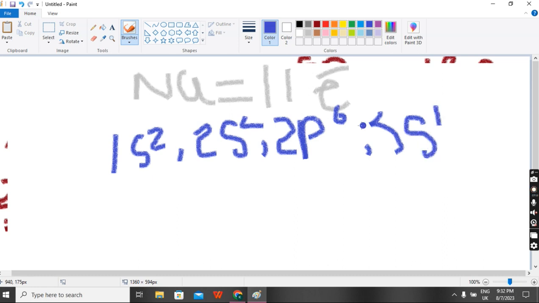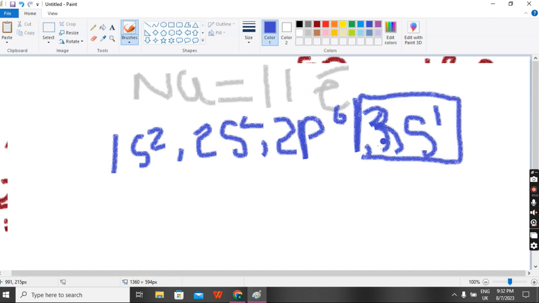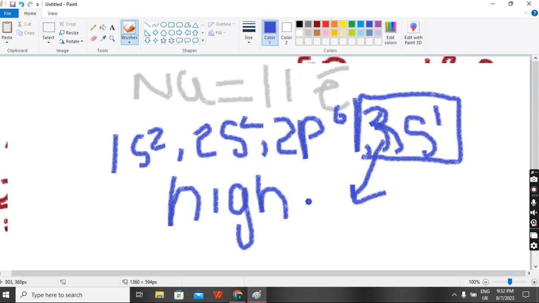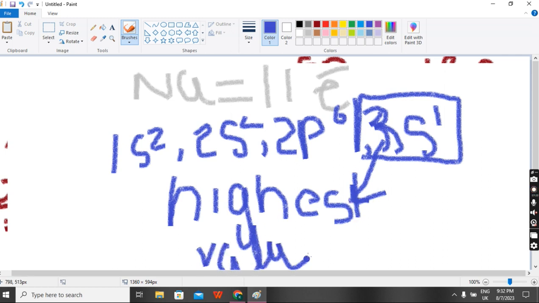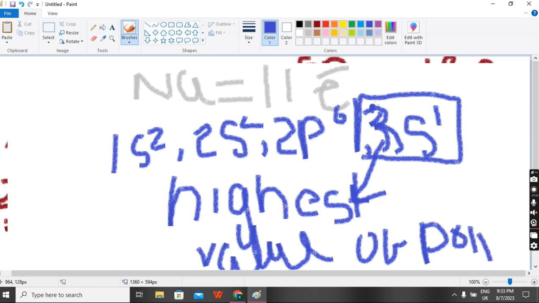As you can see, the last electron has entered the third shell. The highest value of the principal quantum number indicates the period. So here sodium is present in the third period.